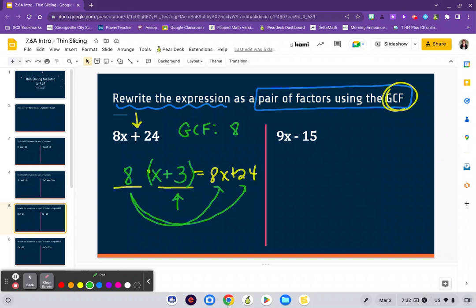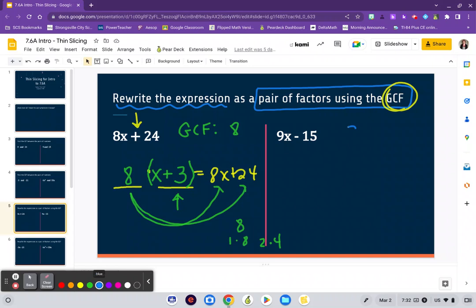And so what we're doing is we're taking this expression, 8x plus 24, and breaking it apart into 2 factors, 2 things that could get multiplied together. Just like we took 8 and broke that apart into 2 numbers that could get multiplied together. Only this time we're doing it with an expression, this plus or minus.